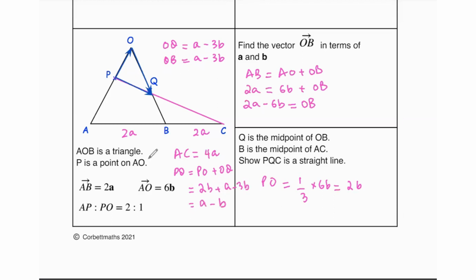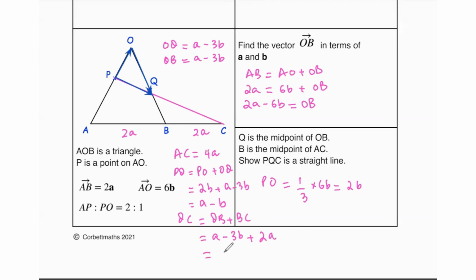Then we find QC. QC will be QB plus BC. QB is given as A minus 3B, as we highlighted that earlier, and BC is 2A.